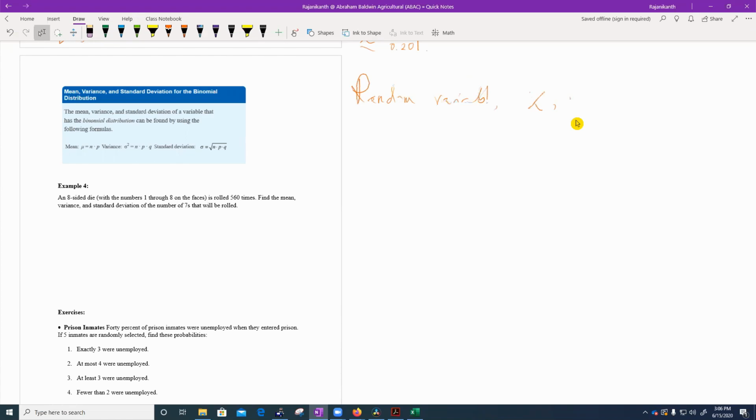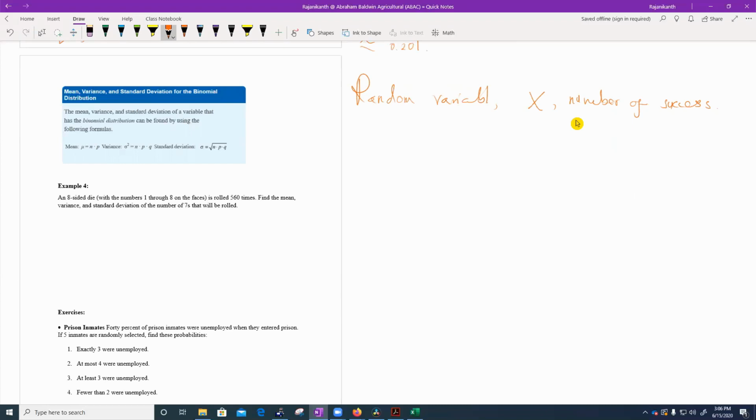X is nothing but the number of successes. So that is going to be your variable. Now we are going to find the mean, variance, and standard deviation for this x. There are some formulas you could use directly to find the mean, standard deviation, and variance for the variable x.